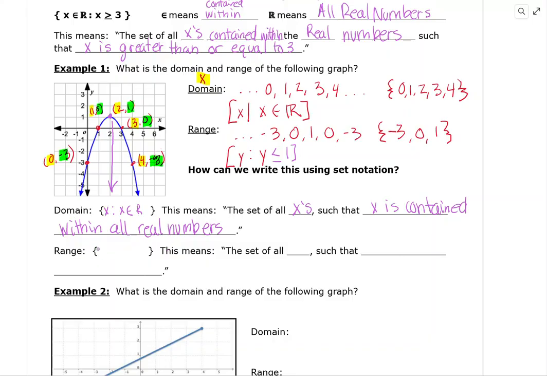So our range was all of our y values such that y is less than or equal to 1, so anything smaller than 1. So this means the set of all y values such that y is less than or equal to 1.